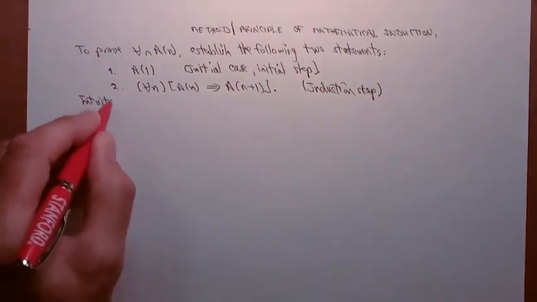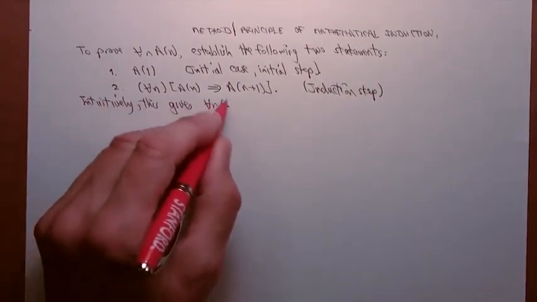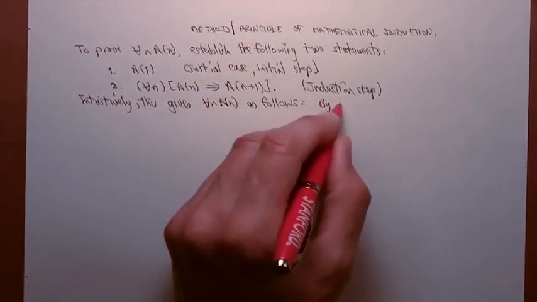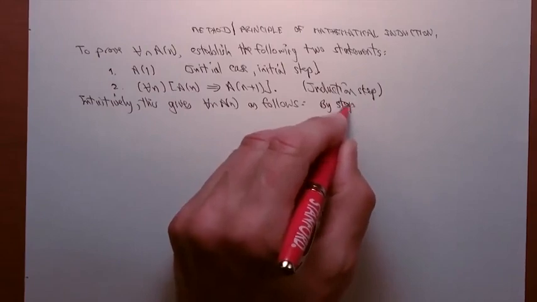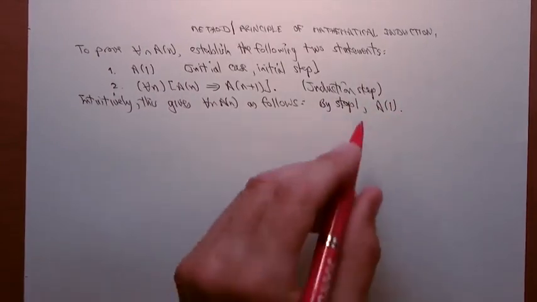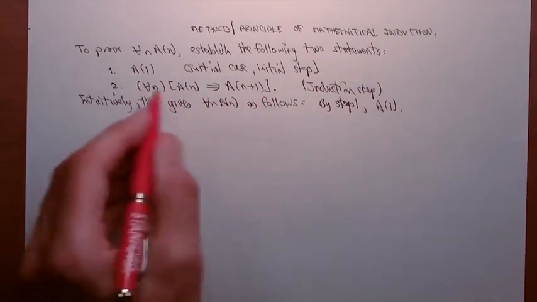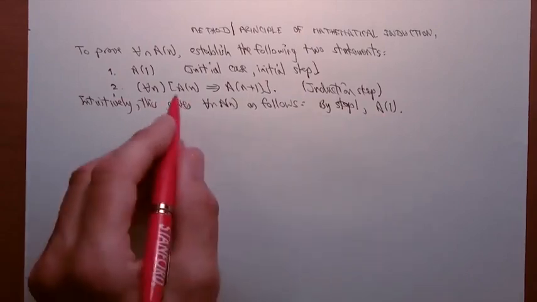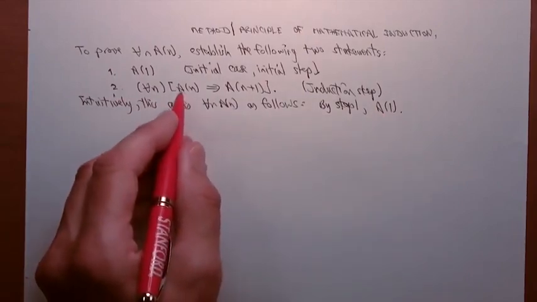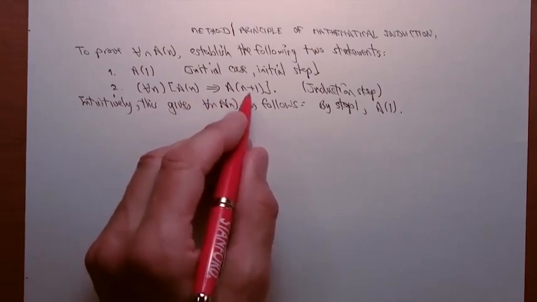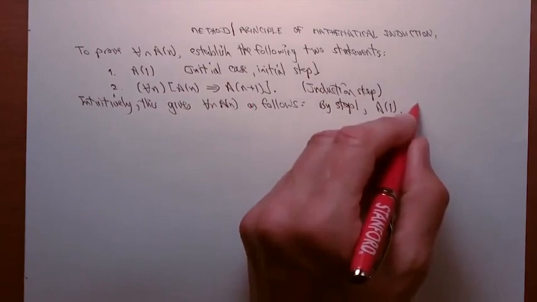Now, intuitively, this gives the statement for all n A of n as follows. By the initial step, step 1, A of 1. If we now apply the induction step in the special case where n equals 1, we have A of 1 by the initial step, and that yields A of n plus 1, which is A of 2.